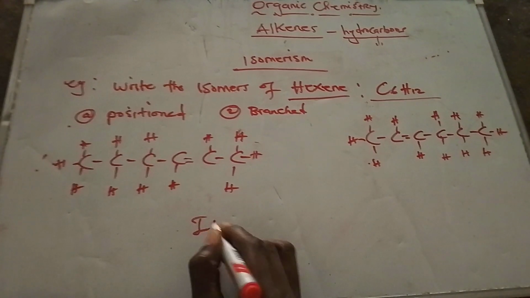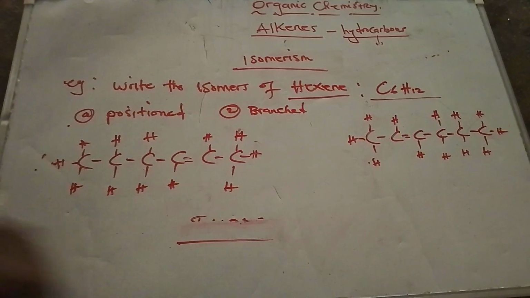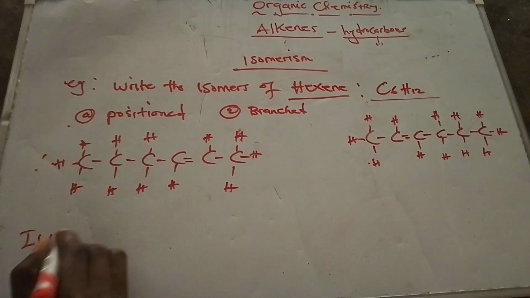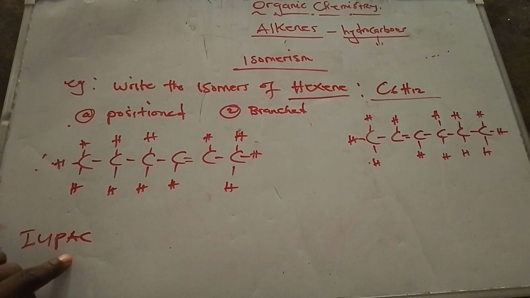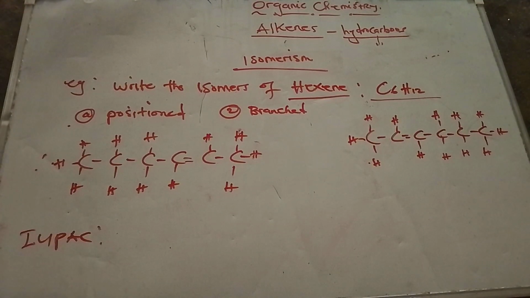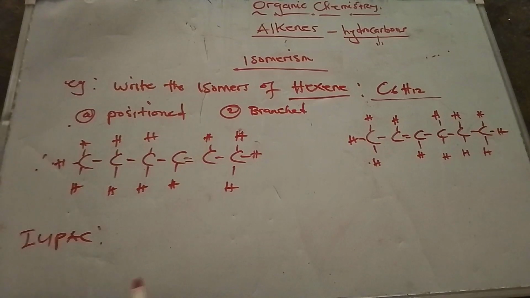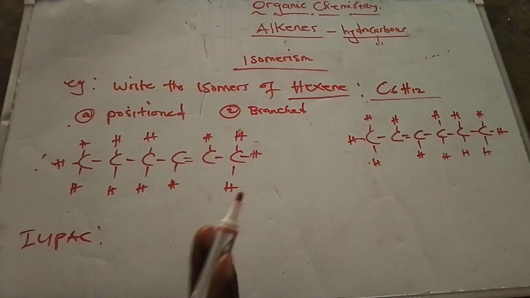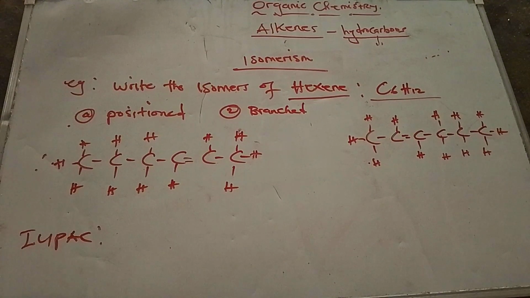According to the IUPAC name, International Union of Pure and Applied Chemistry, that's what it means, I need to count the number of carbons starting from the carbon which is nearest to the double bond.